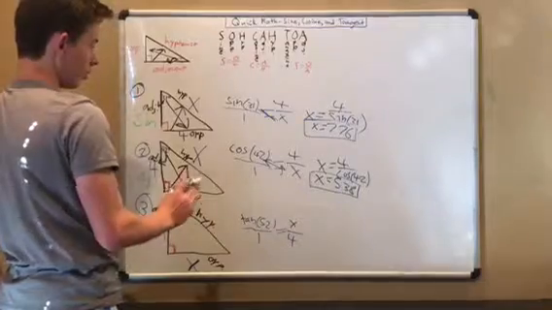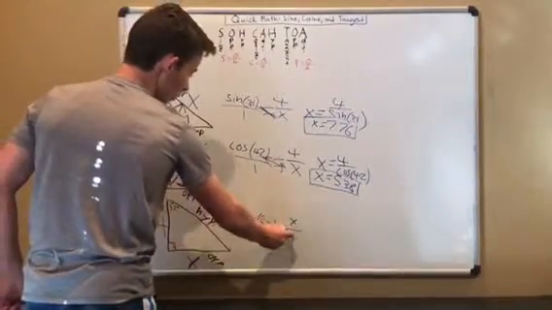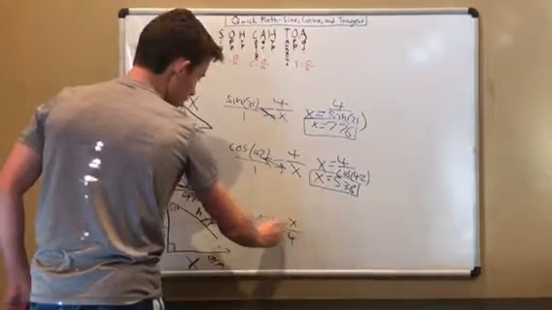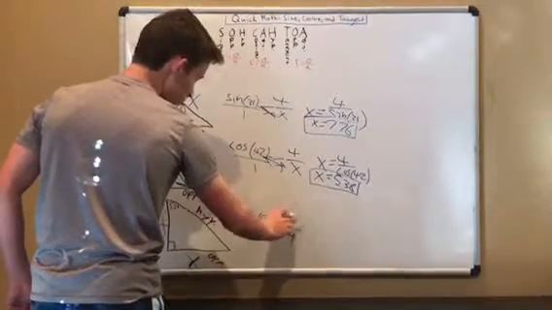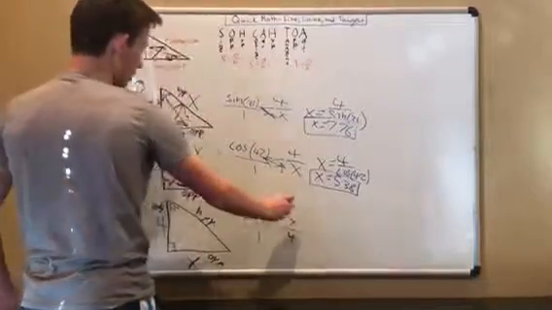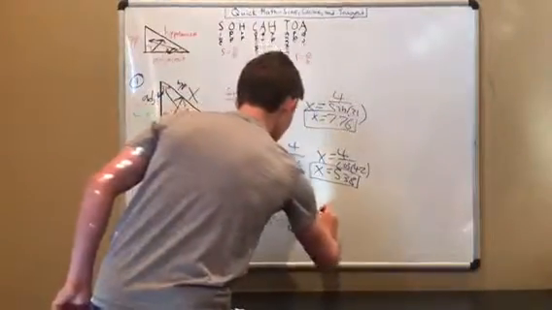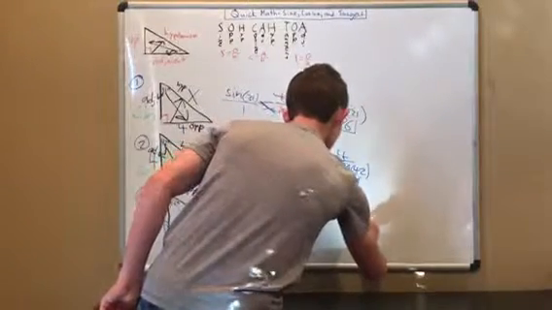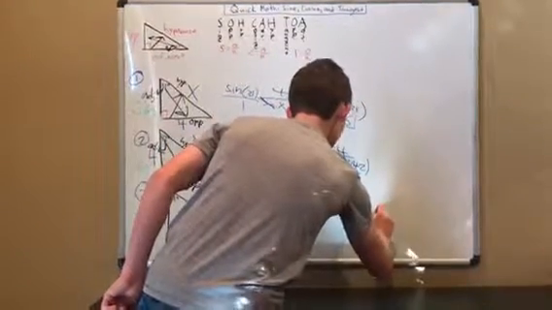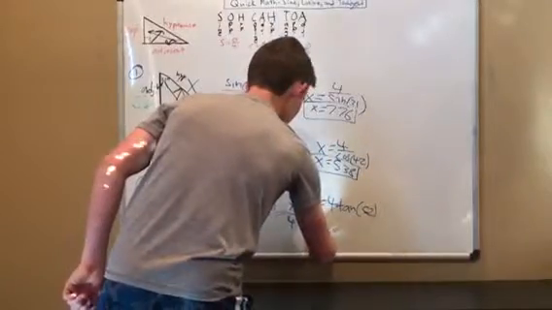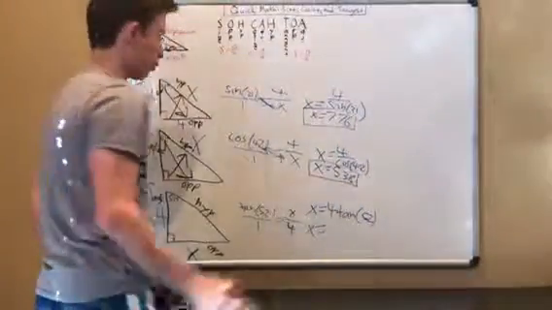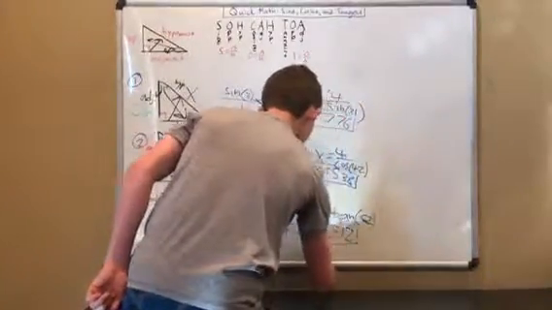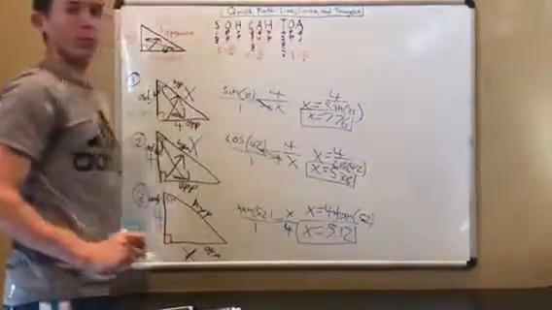From there, this one you don't switch them, because the value besides x is at the bottom. So x equals 4 times tangent of 52. And that will come out to x equals 5.12. And there's the third problem.